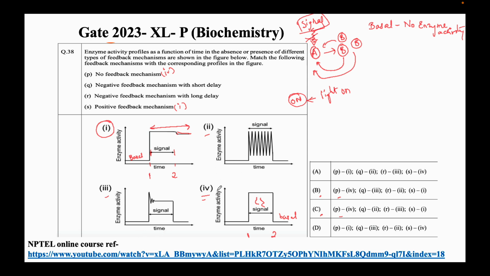I'll explain what is negative feedback with short delay and negative feedback with long delay. So what is the negative feedback mechanism, which I had explained before? We have a molecule A which activates a molecule B, and this B further goes and inhibits A. So indirectly we can say that molecule B is inhibiting itself.